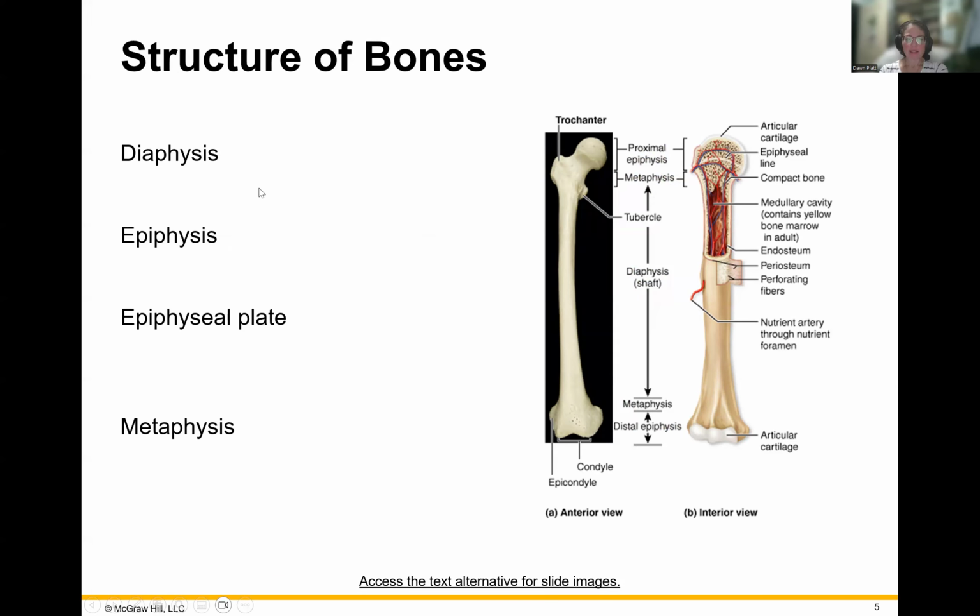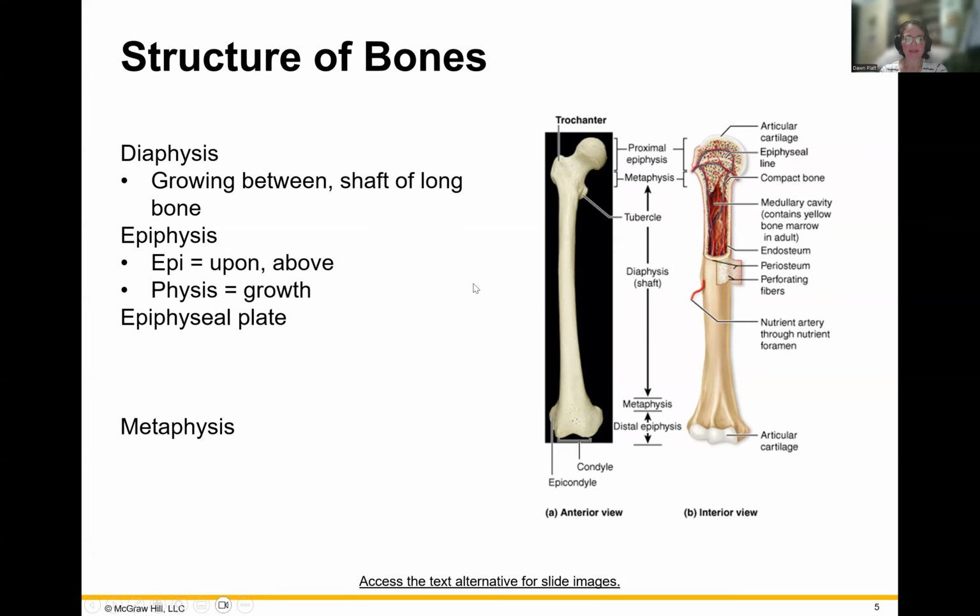Structure of the bone. You're going to see these terms in this chapter because even though you have just a bone, there are different areas of the bone. So let's talk about the diaphysis. And then we have the epiphysis. We have an epiphyseal plate, which is in between the diaphysis and the epiphysis, and it's a plate that stays open while your bones are still growing in childhood.